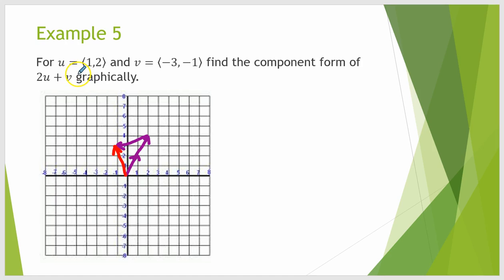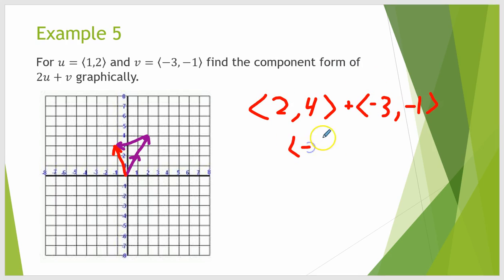And you could check your answer for this algebraically. That's one of the nice things about doing the graphical version, because if I did 2 times u, that would be 2 comma 4. And then if I added vector v, so there's nothing being multiplied by that one, I'm just going to leave it as is. We would add the horizontal pieces, so 2 and -3 gives you -1, and then add the vertical pieces.